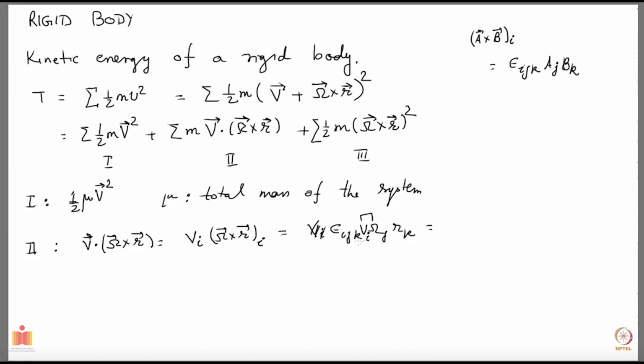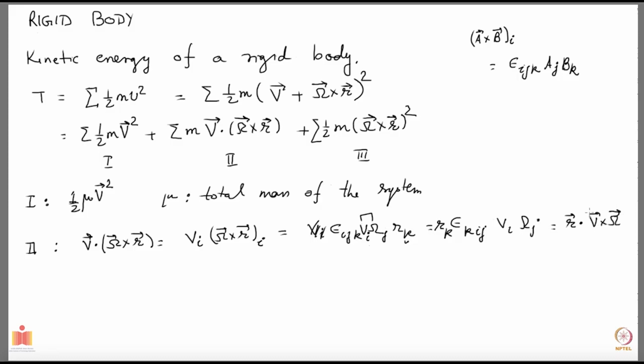I'll cyclically permute all these things, so I'll get epsilon_kij. Let me write r_k first, then you have v_i, then you have omega_j, which is the same as r dot v cross omega.